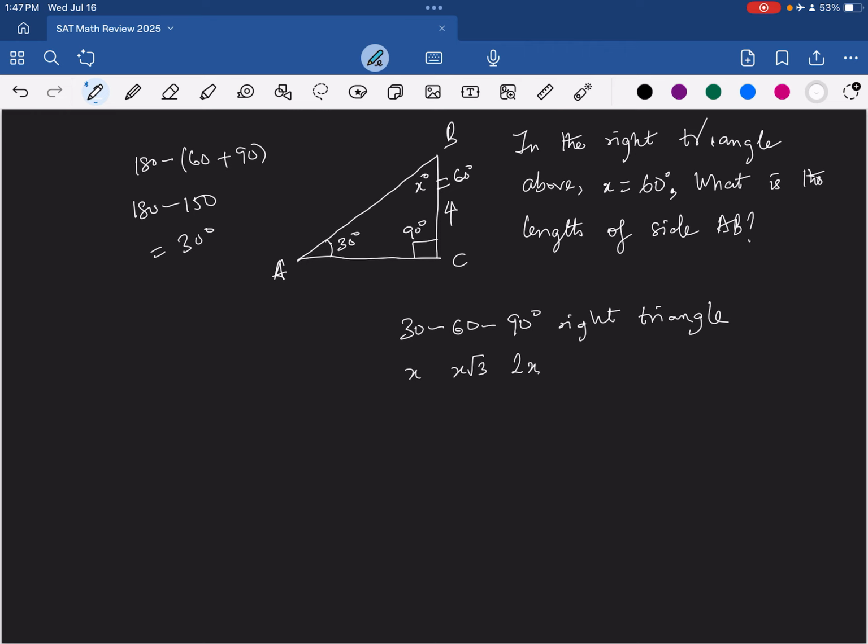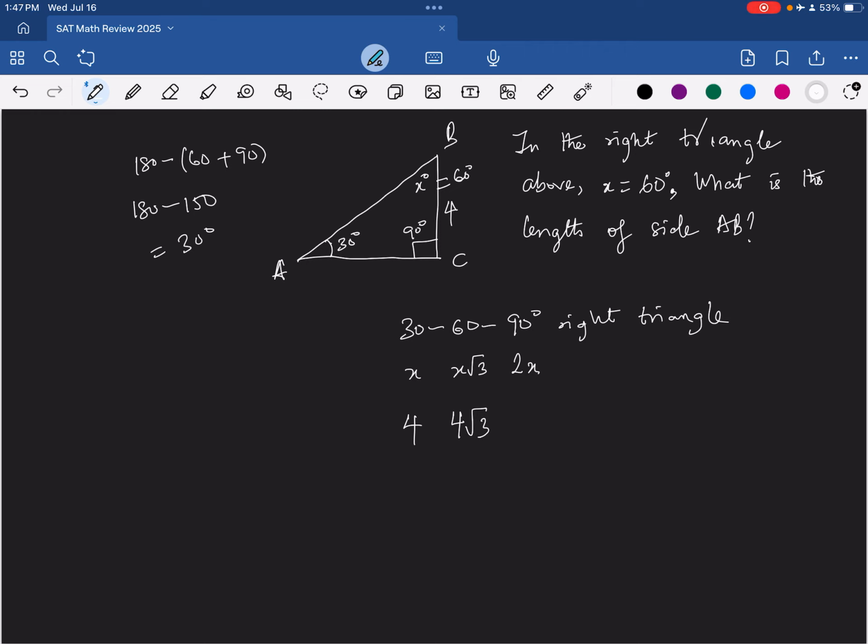The side facing 30 is x, the side facing 60 is x root 3, and the side facing 90 is 2x. Now if you look at this triangle, the side facing 30 is BC, which is 4. So that means x here is 4. Because we know x to be 4, the side facing 60, which is x root 3, is 4 root 3.